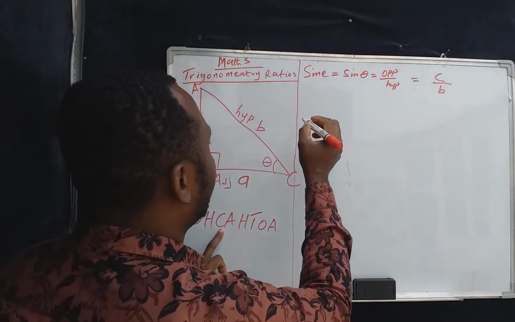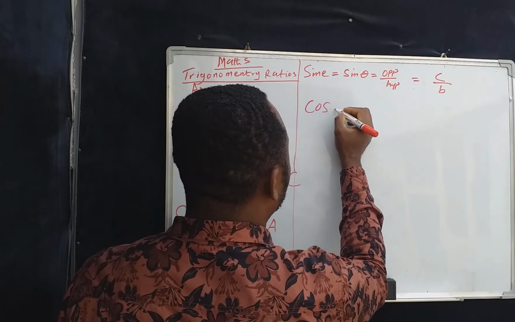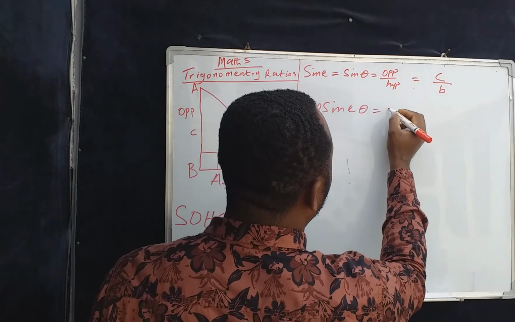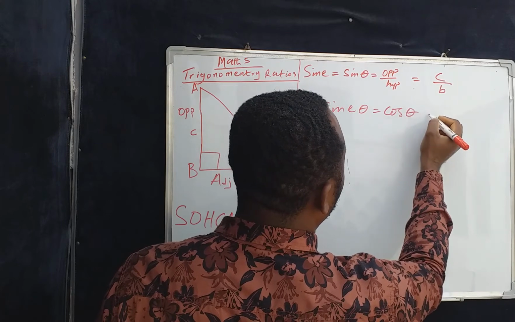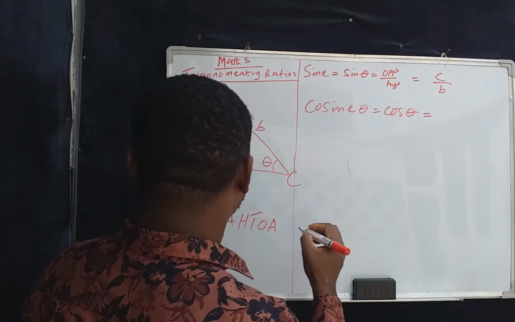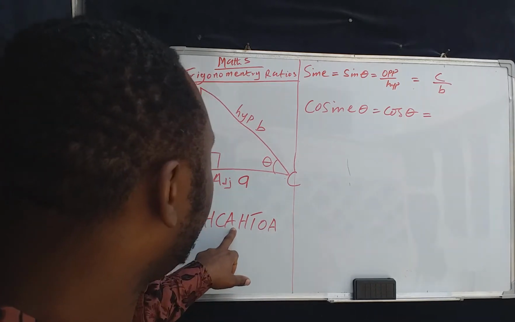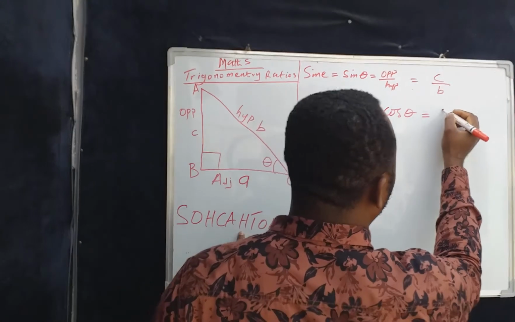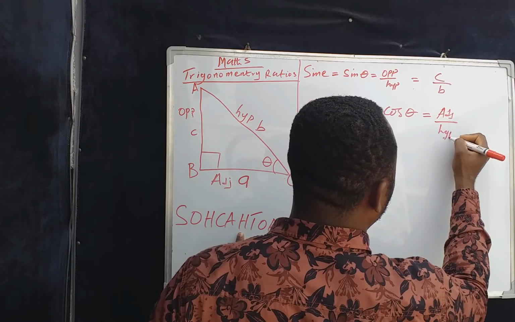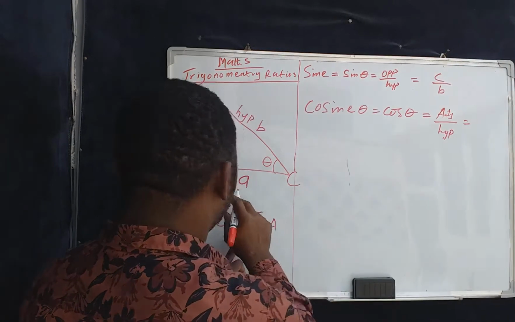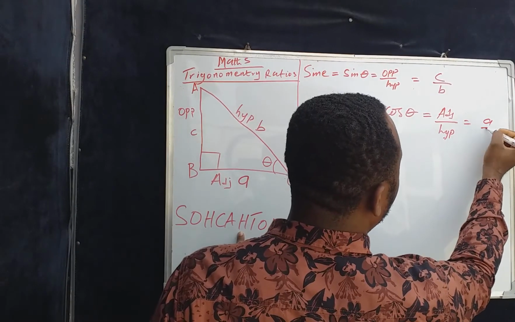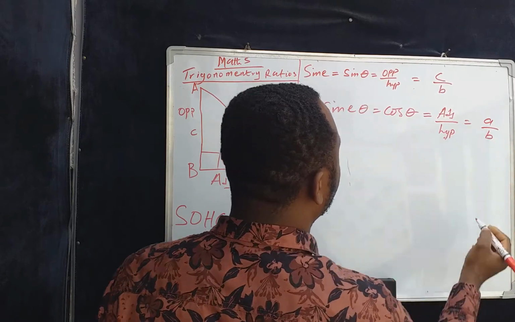Cosine theta, cos theta equal to adjacent over hypotenuse. Adjacent over hypotenuse, which is what? A over B.